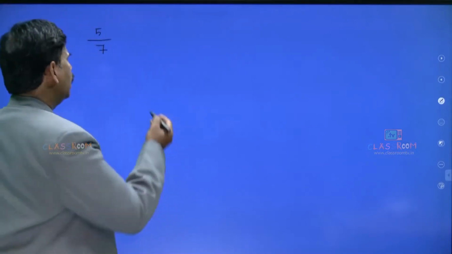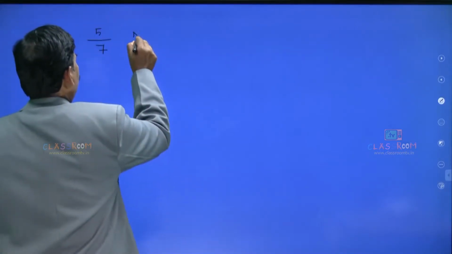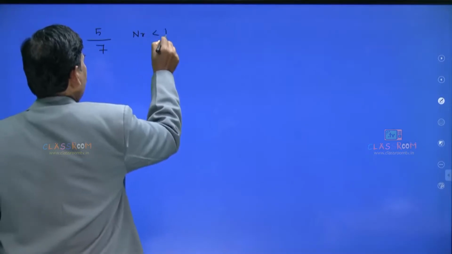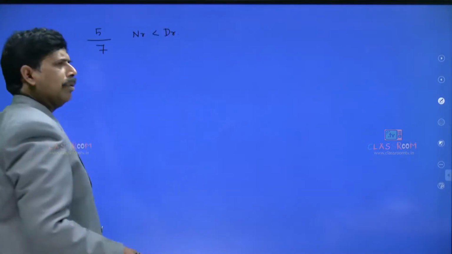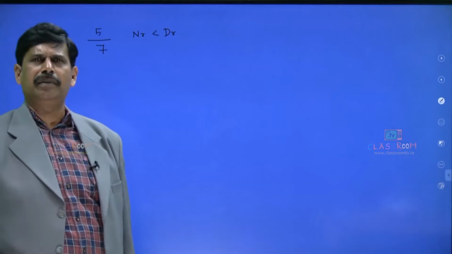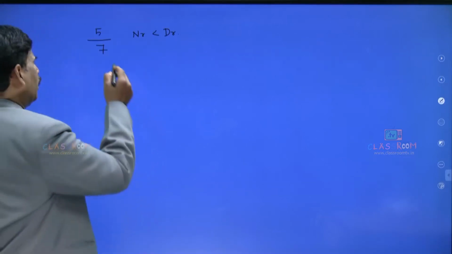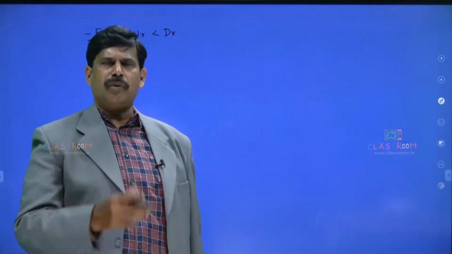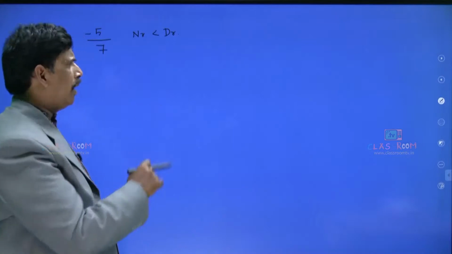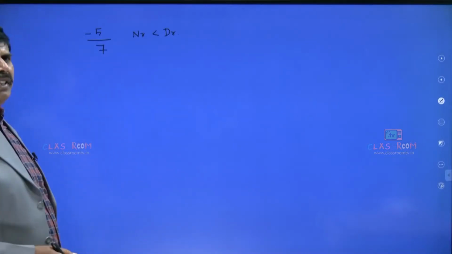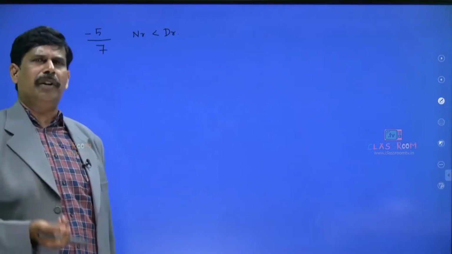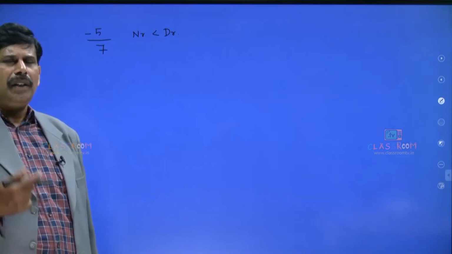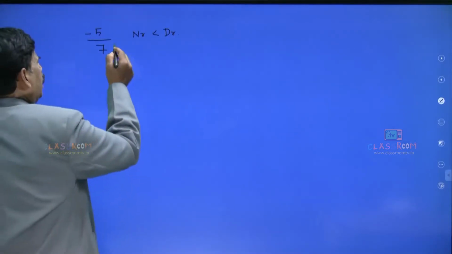Here the numerator is less than the denominator. Let us take a negative number, minus 5 by 7. So far we are done with positive numbers, so let us take one negative number. Minus 5 by 7: the numerator is less than the denominator.